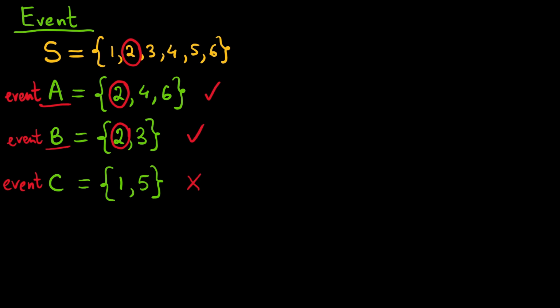When that happens, we'll have to go down to their definitions, which is in terms of sets and operate on sets. But for the most part, event and set will be used interchangeably.